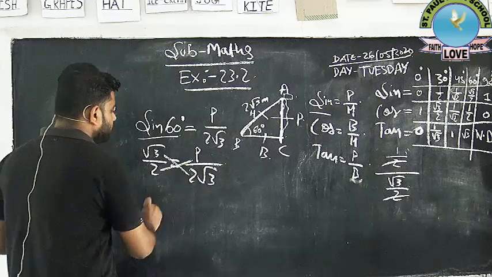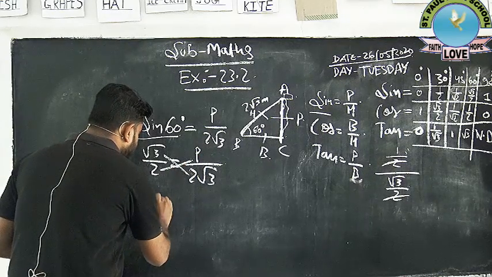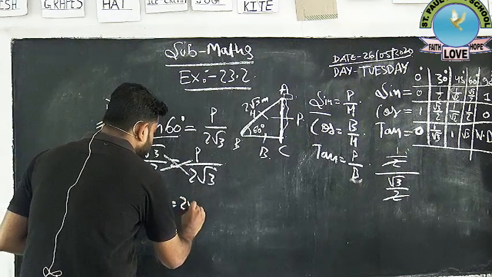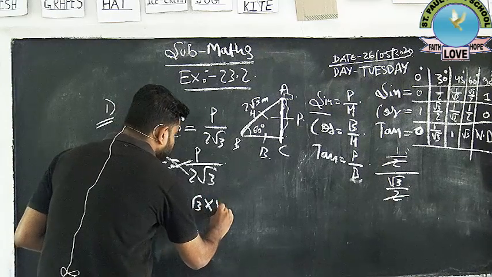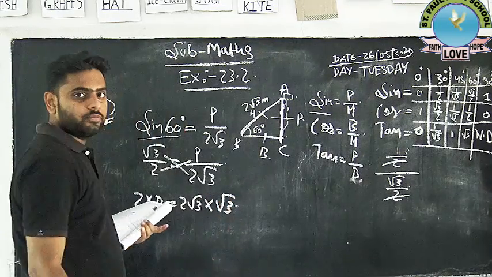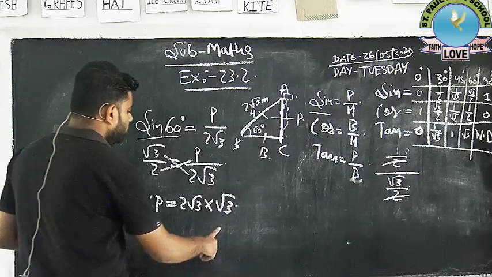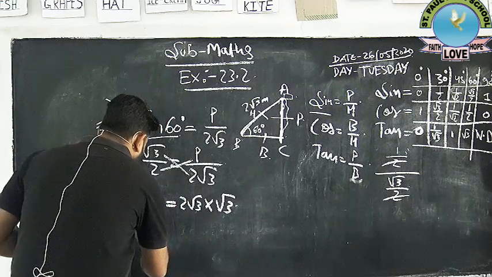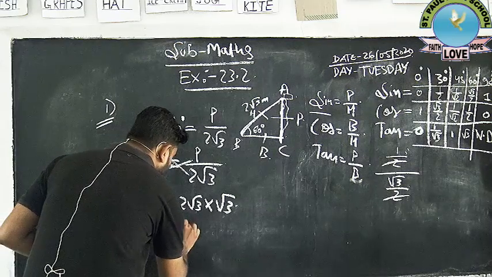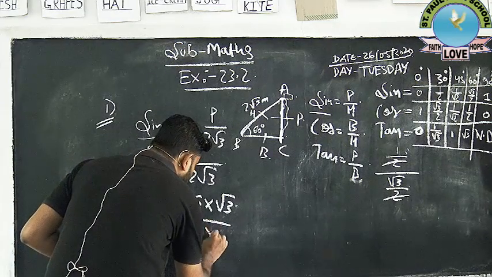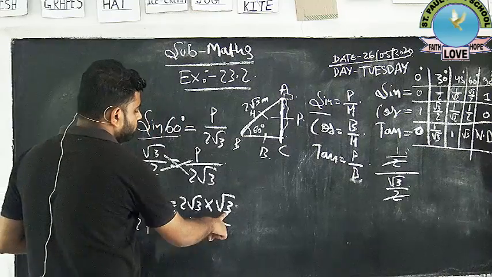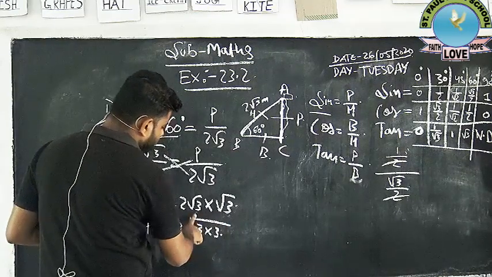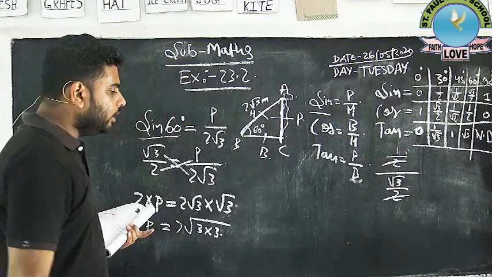So 2 into P and 2 root 3 into root 3. Now multiply root 3 into root 3, and it becomes 2 into 3, because root 3 times root 3 is 3. Simple. Now out of this what can you do?